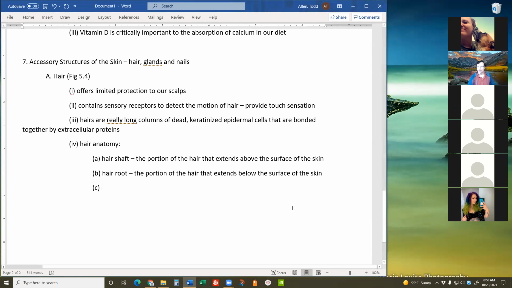Let me ask a question in the chat window. What is the color of the internal root sheath that is part of the hair follicle in figure 5.4D?